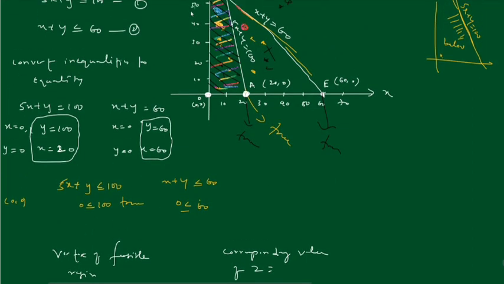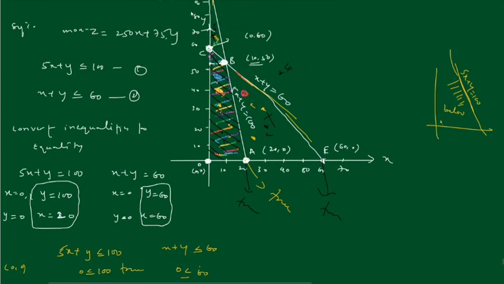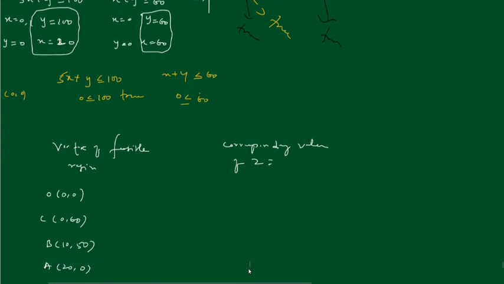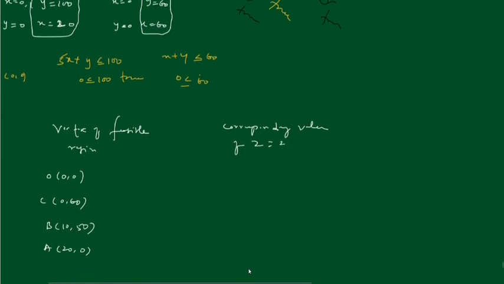The objective function is z equals 250x plus 75y, right? Just substitute the value 0, 0 in this equation. It is 0.